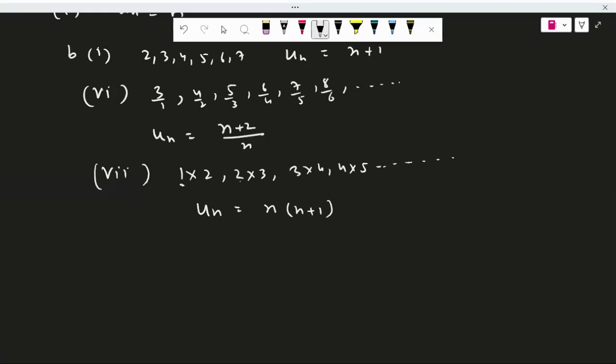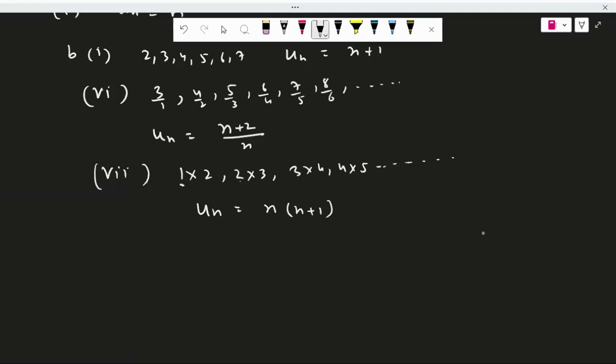Could this not work as well, n squared plus n? N squared plus n will give the same number after you multiply both the factors: 1 into 2, 2 into 3. We need not write it that way, we just need to write n into n plus 1.